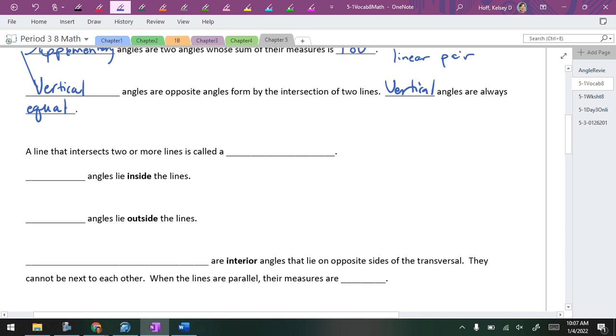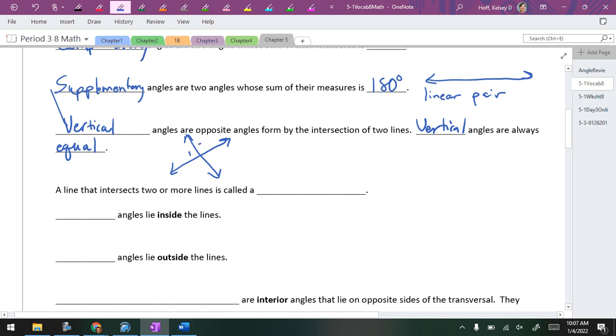Okay? So if you take your pencil and draw two lines that intersect, how many angles are formed? You see 4 different angles. Everybody agree with that? We could label them angle 1, 2, 3, and 4. Yes? Okay.